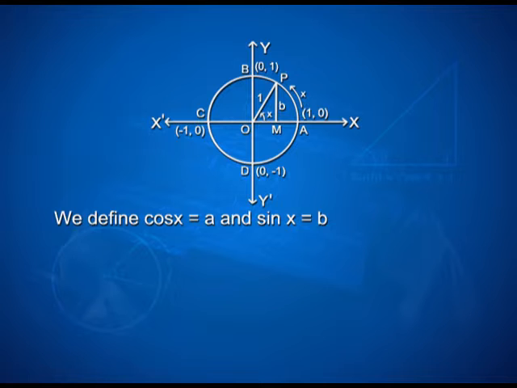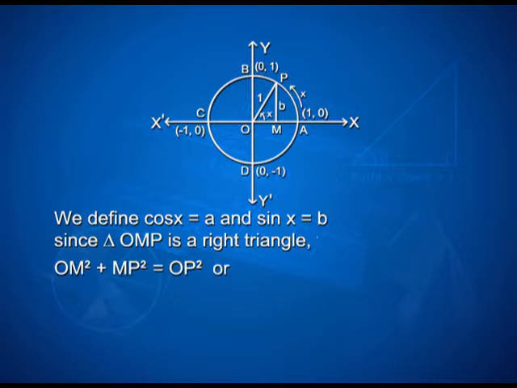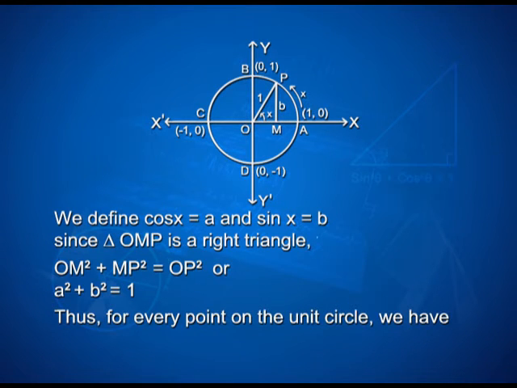In the figure, since triangle OMP is a right triangle, we have OM square plus MP square is equal to OP square, or a square plus b square is equal to 1. Thus, for every point on the unit circle, a square plus b square is equal to 1, or cos square x plus sin square x is equal to 1.